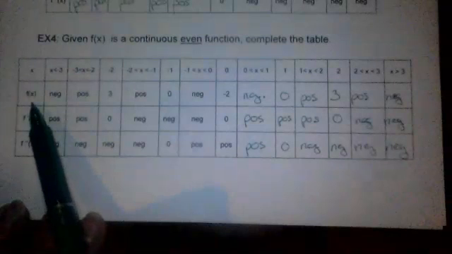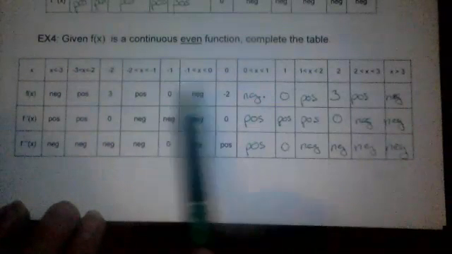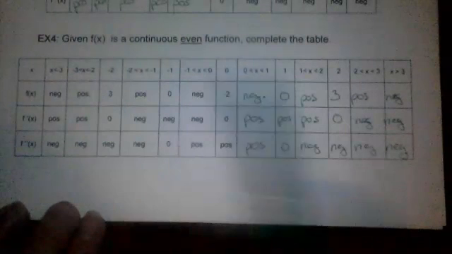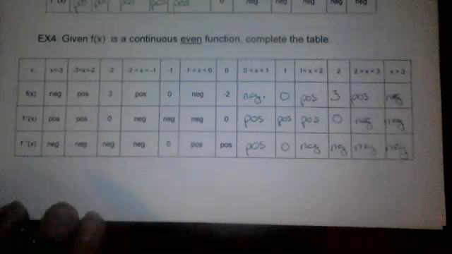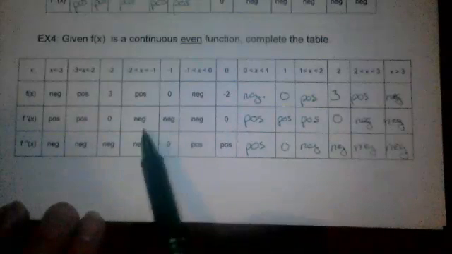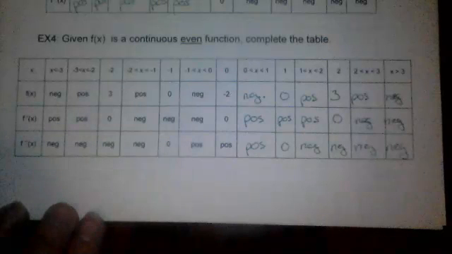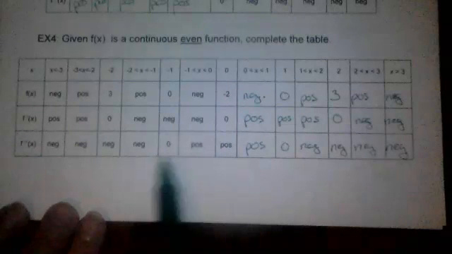For our value, everything's the same, either side. For our first derivative, things are opposites. That's our increase, decrease, so positive, negative. Where it was positive, we were negative. And then for our second derivative, everything is the same again. So exactly the same as the left.